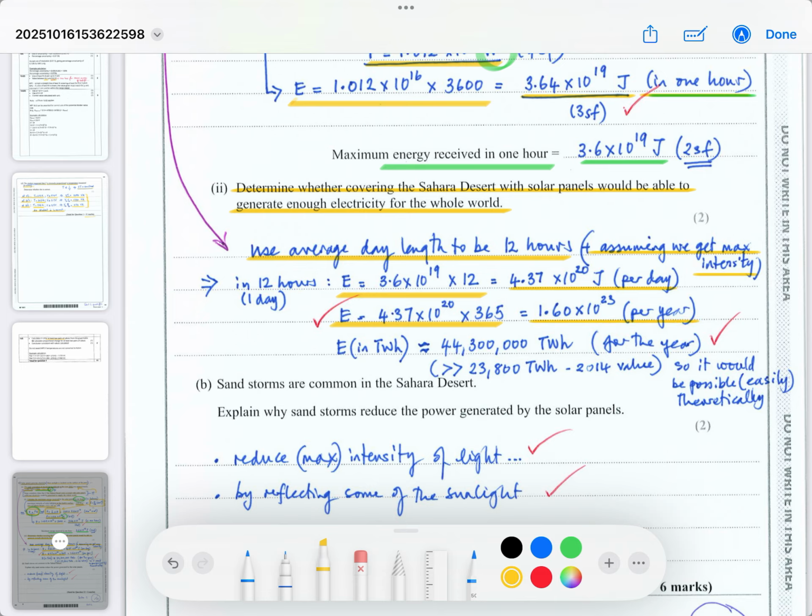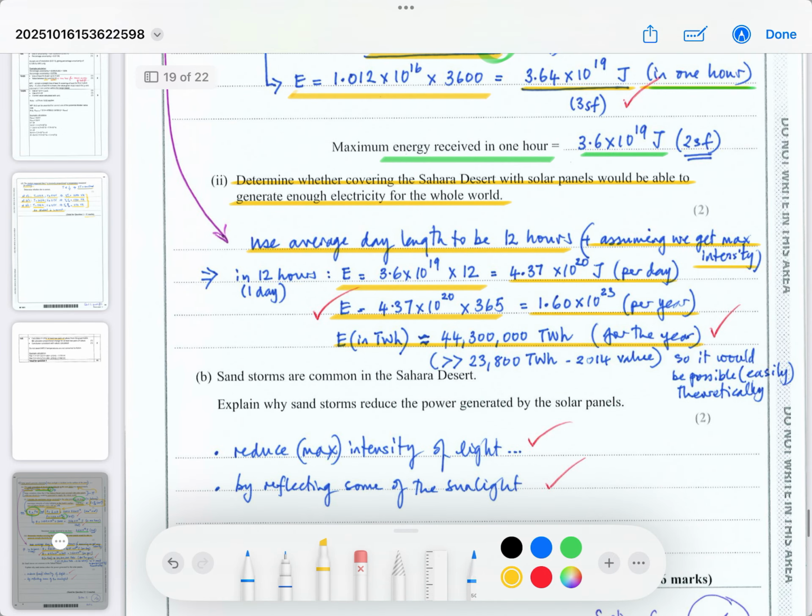Well, how much is that compared to what the 2014 value was? If we want to change this into terawatt hours, the energy is that much for the year.